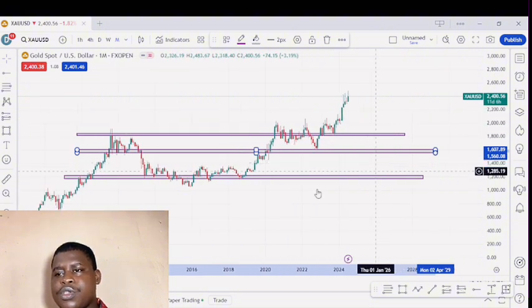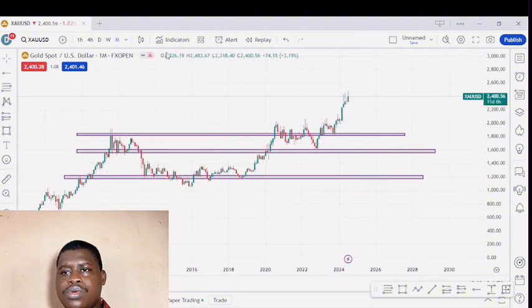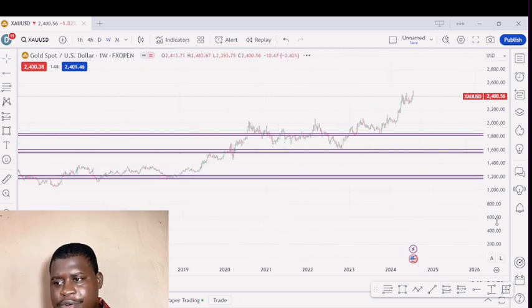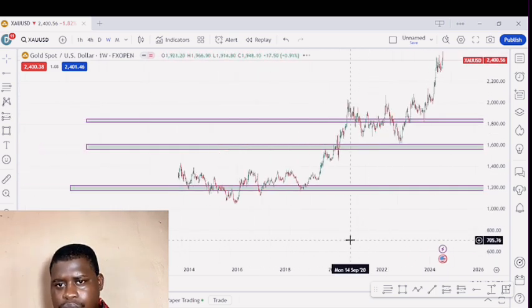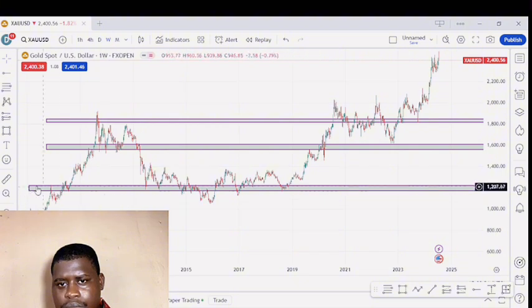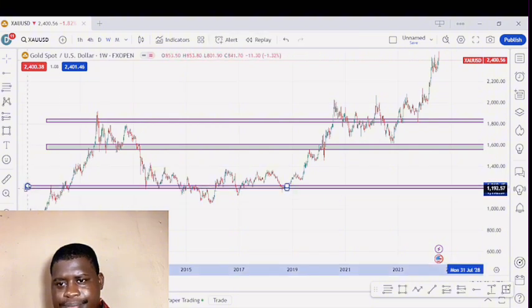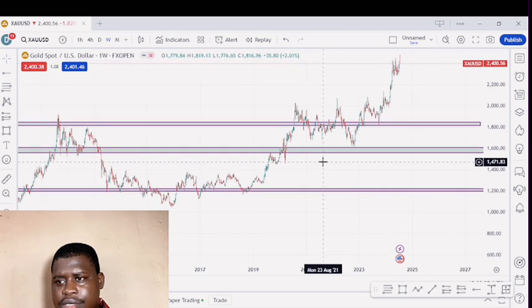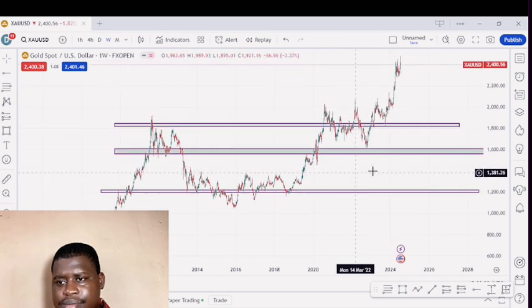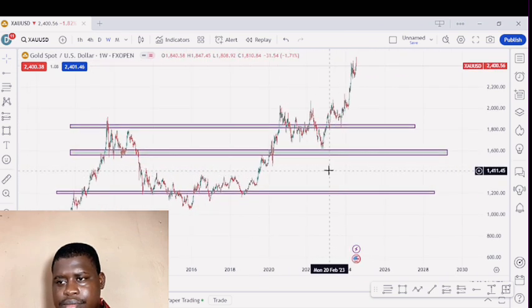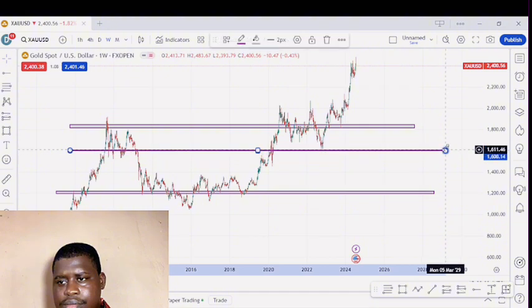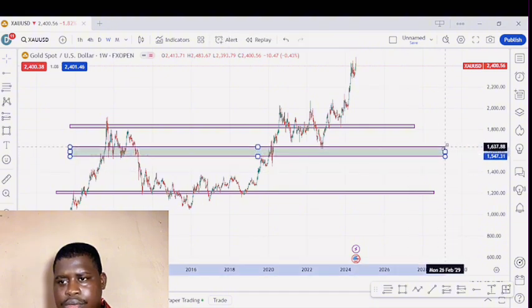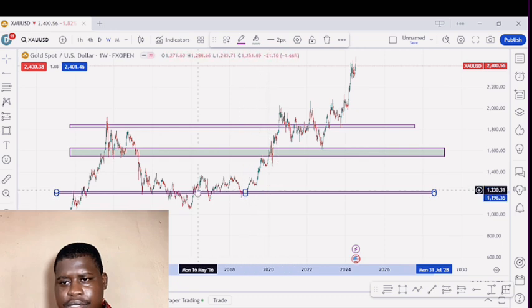Okay. So on to my monthly time frame. I adjust it. I need it to accommodate.